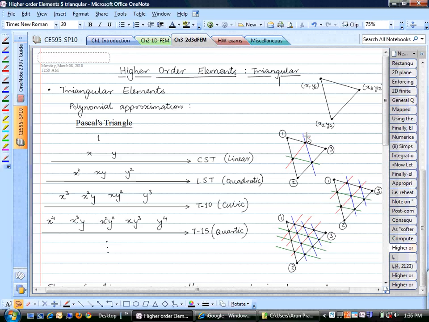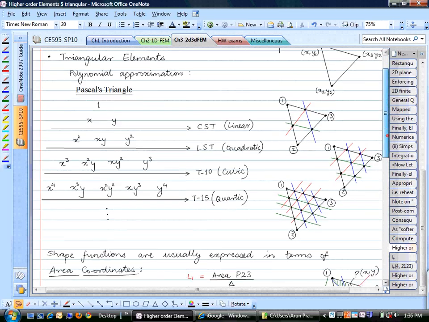And the way that I have drawn these red, blue, and green lines should tell you that there is some structure to this kind of a node enrichment within this triangle. So you can keep on adding this, and the good thing about this triangle is that all the terms up to a certain order can be completed by just adding more and more nodes to your triangle.